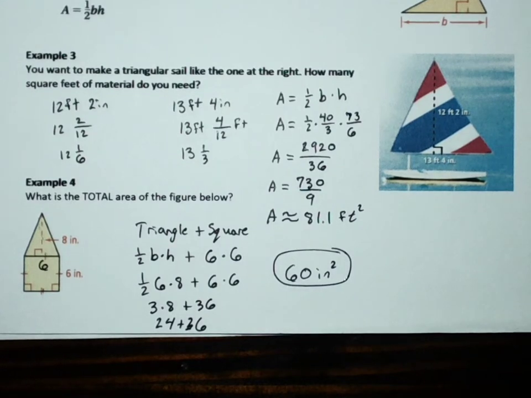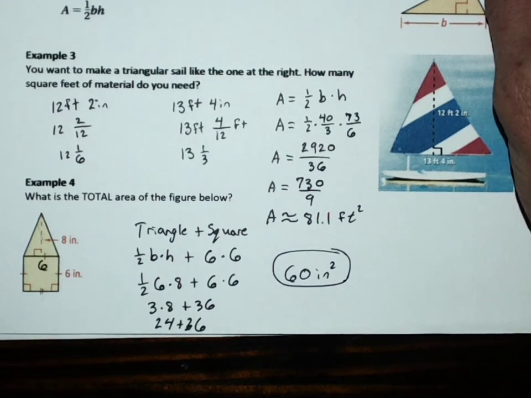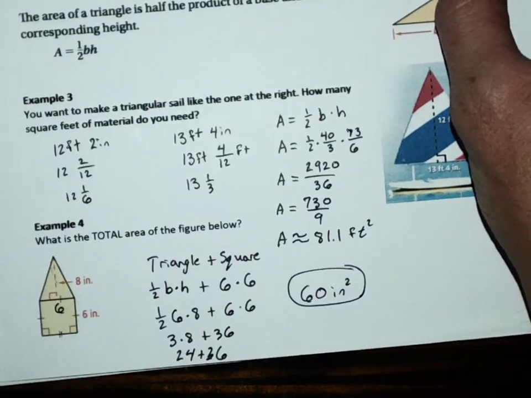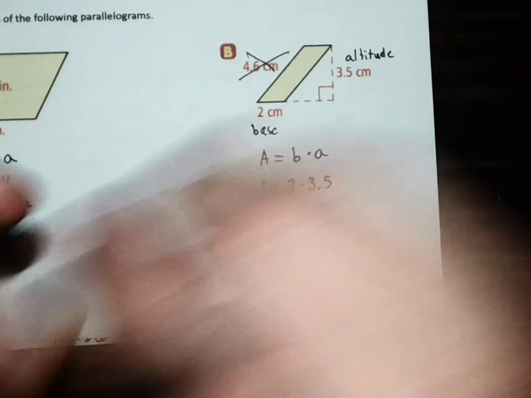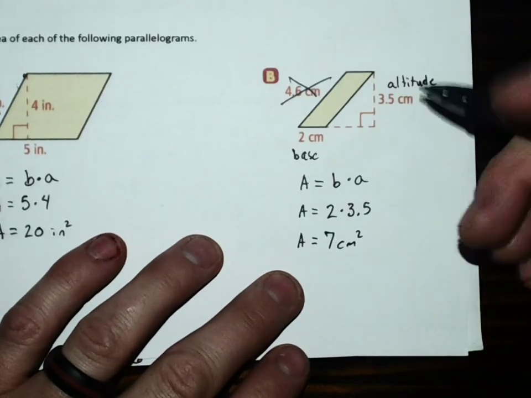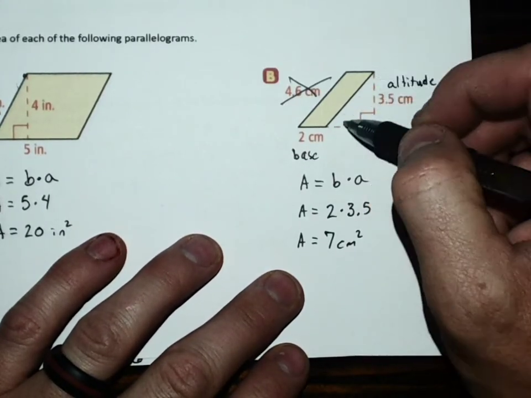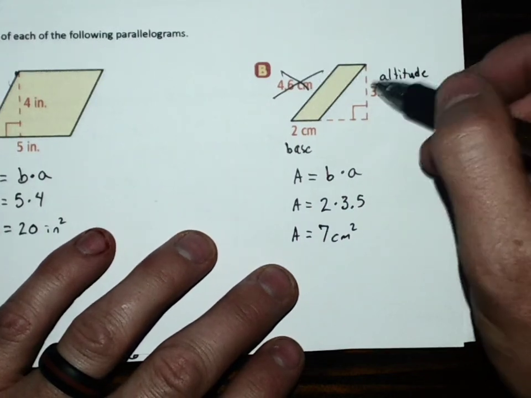And that's all there is to this lesson, guys. It's a pretty short thing. You will have questions, though, on your Math Excel assignment that ask you to use right triangles to find your altitude. Okay?